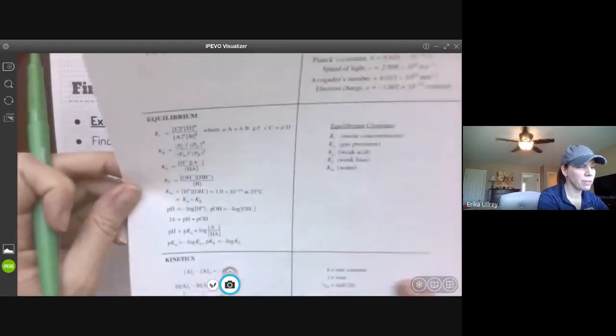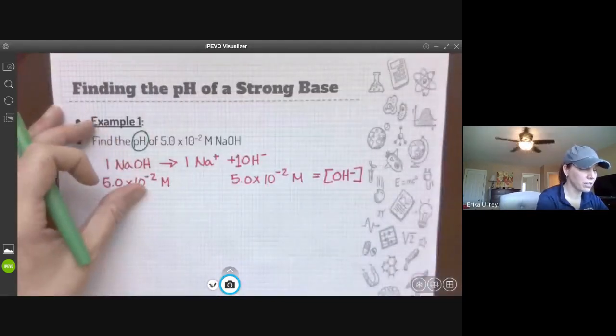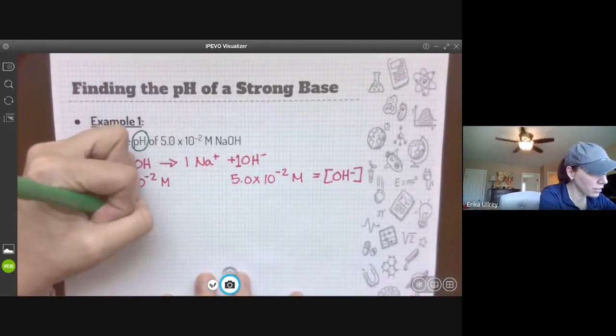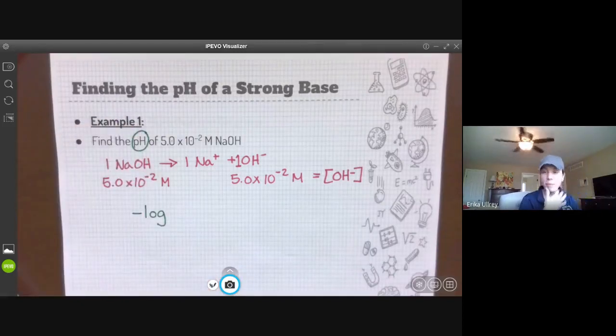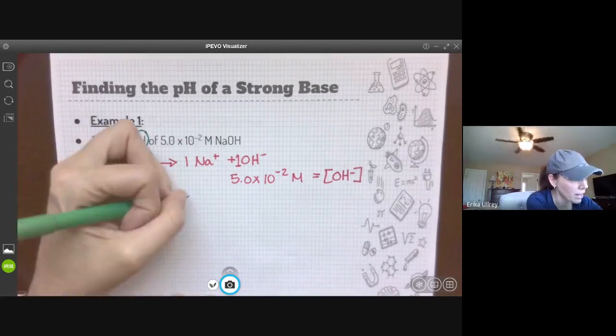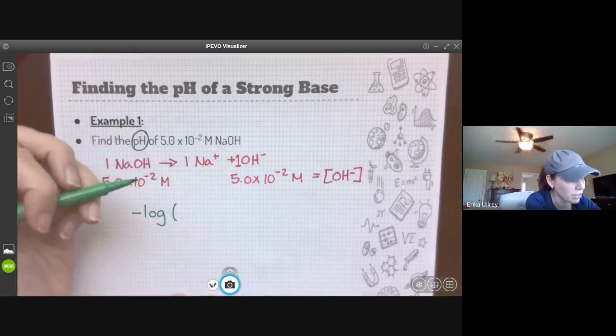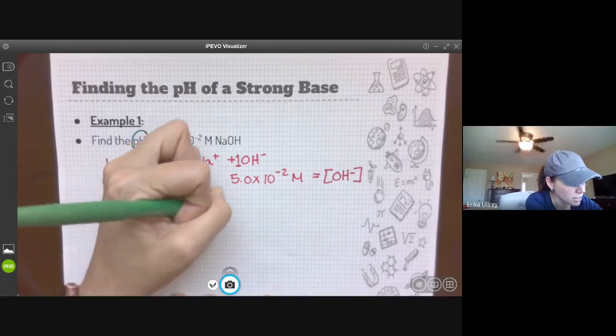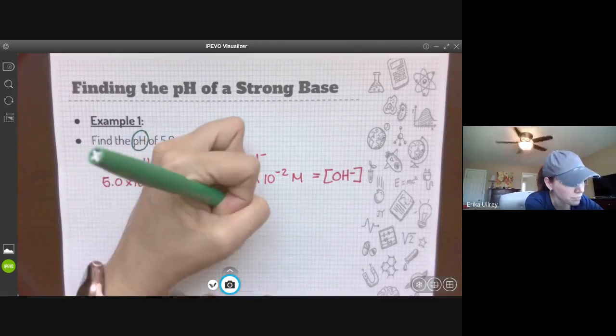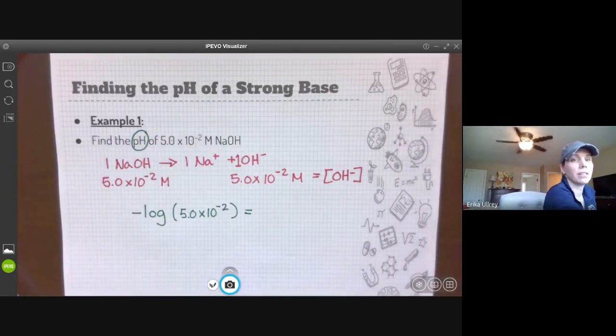So the first step we need to do is figure out what our pOH is. We're going to do negative log, like you said. Just like we were converting concentration of H plus to pH, we can get pOH. So negative log, and then we take the concentration of our OH, which was 5.0 times 10 to the negative 2nd, and plug that into our calculator.